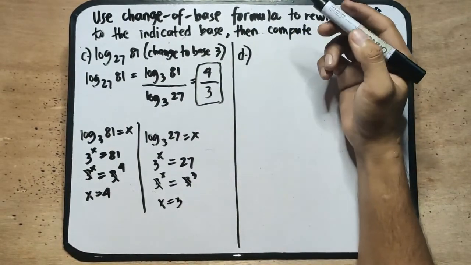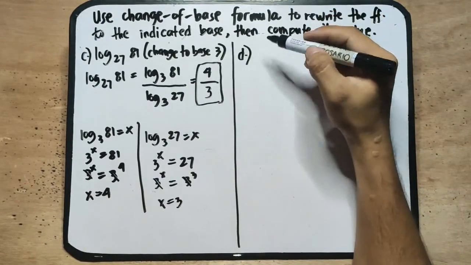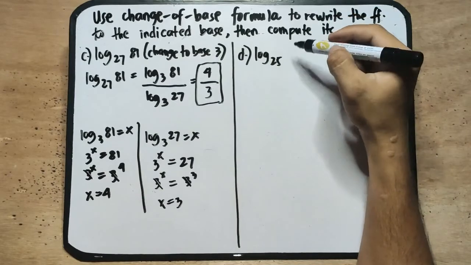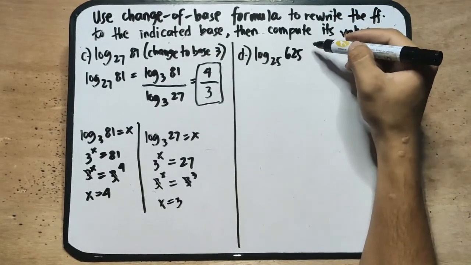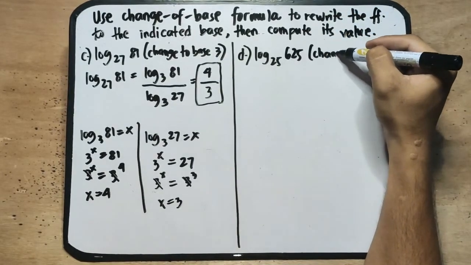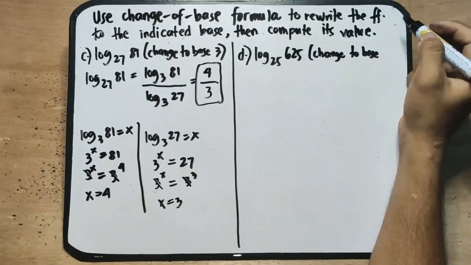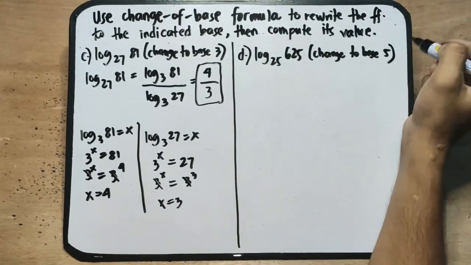For the fourth item, we have log base 25 of 625 changed to base 5.